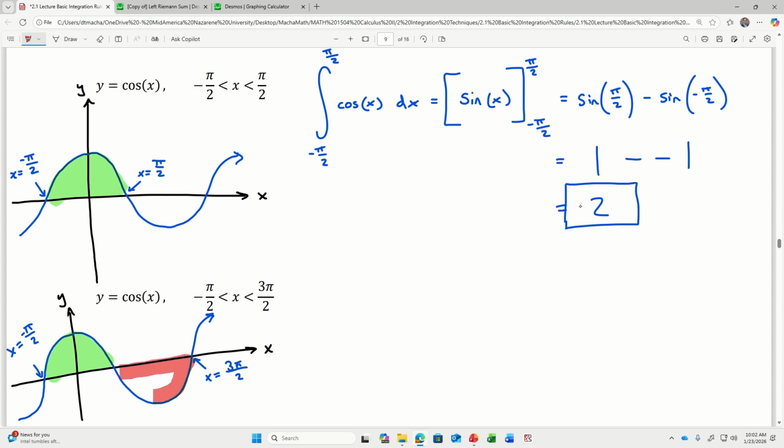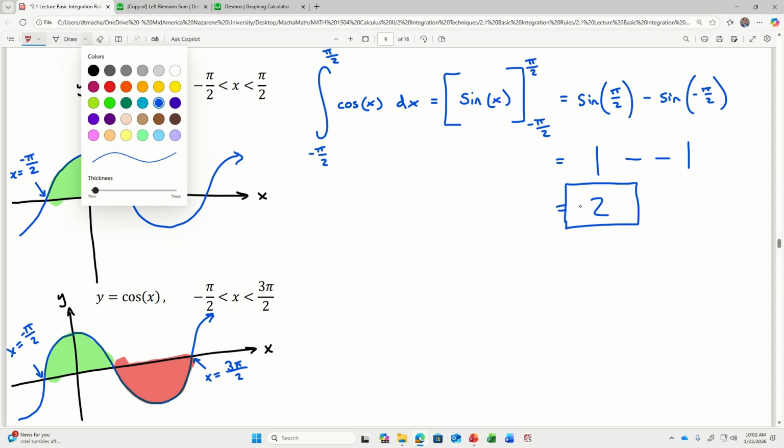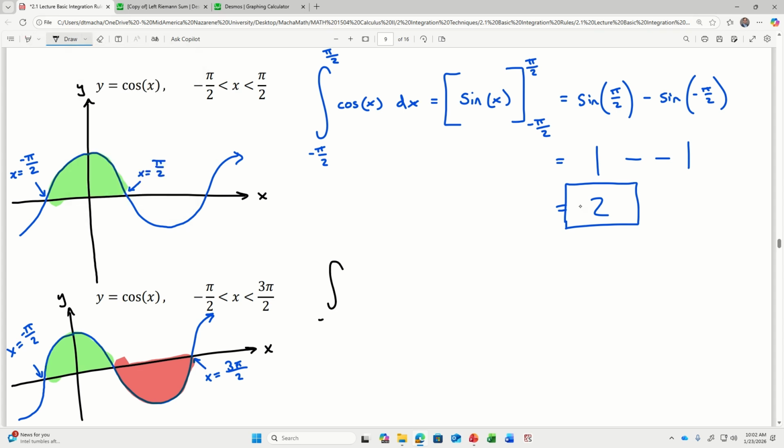And I said that this was going to count as negative area in my total whenever I take an integral. So let's see how that integral shapes out. We're going to have the integral from negative pi over 2 up to 3 pi over 2 of cosine x dx. And the antiderivative of cosine we said is sine.